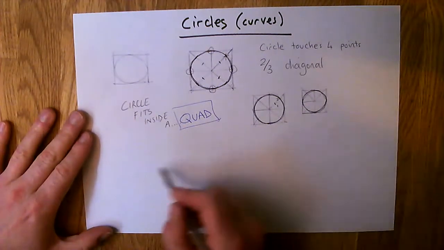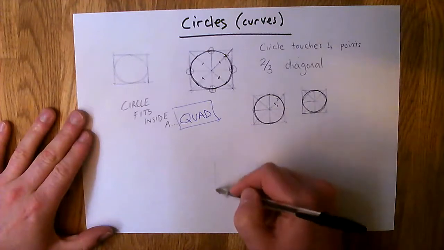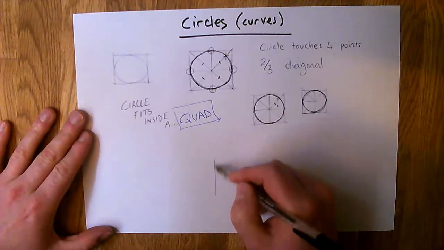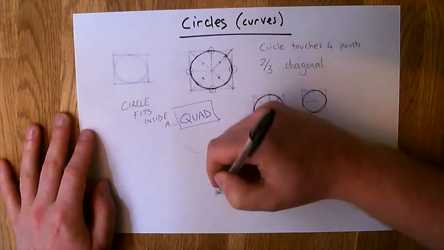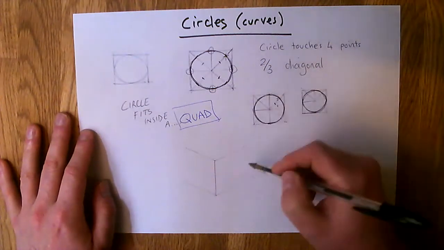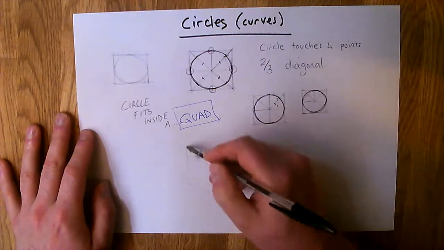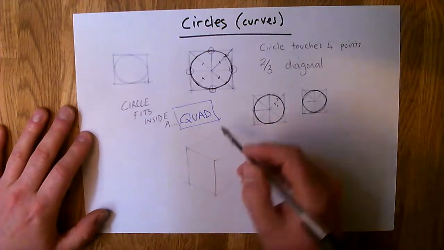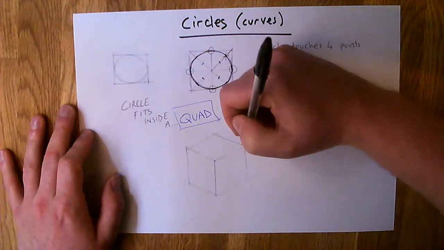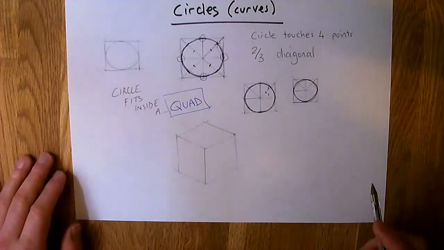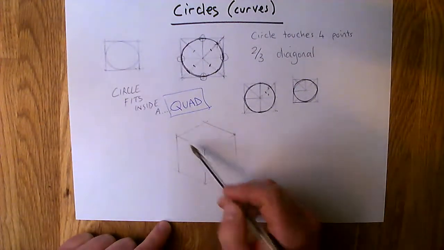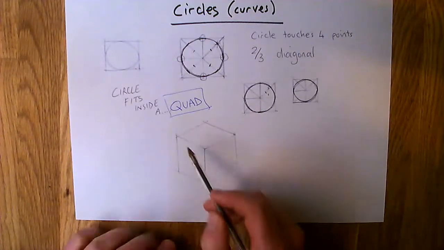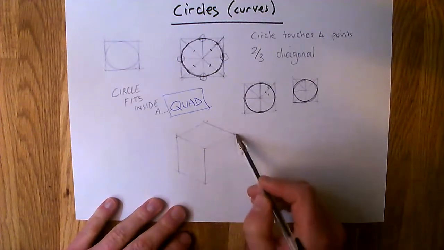So for example, if we drew an isometric cube, which as you know has got an edge down there and lines going back at 30 degrees, we know that a cube in real life is built out of square faces, like a dice, like a box, but on paper these faces are not square.